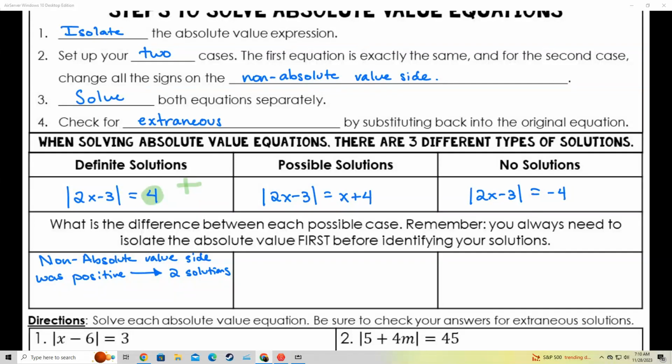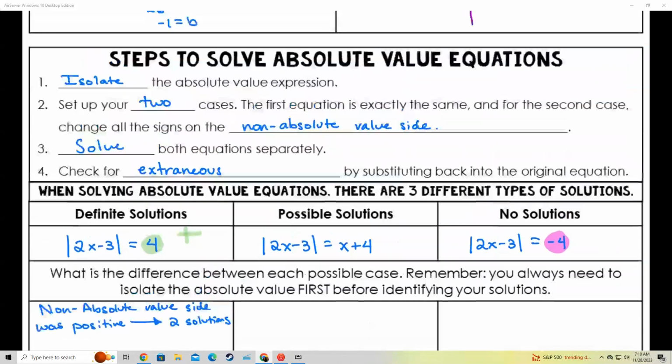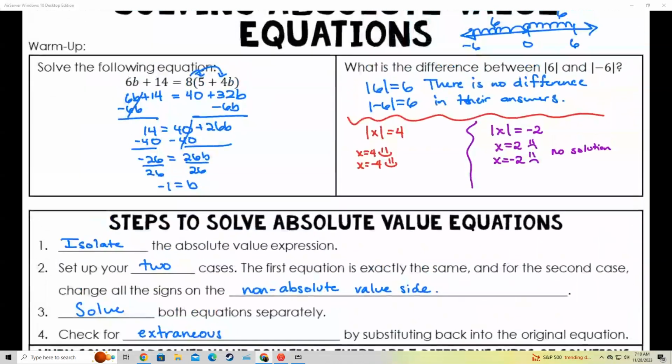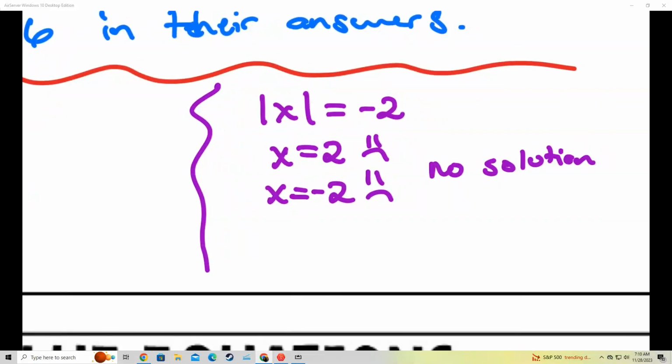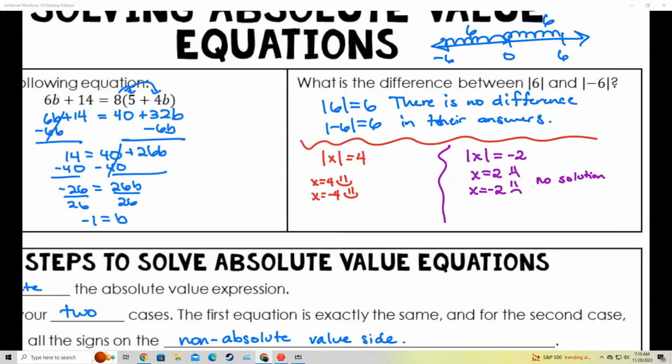We're going to say, okay, in this case, I have the absolute value of something and the answer is negative. Well, like you saw earlier up here, if you're going to take the absolute value of something and trying to get a negative number, there's nothing inside that absolute value that can make your final answer a negative.